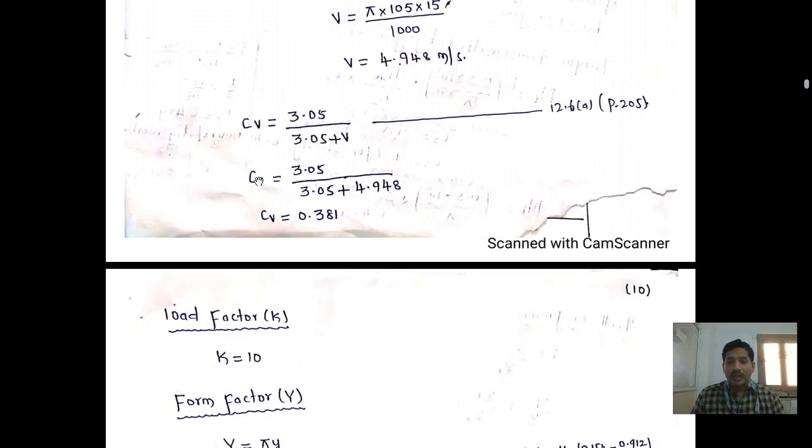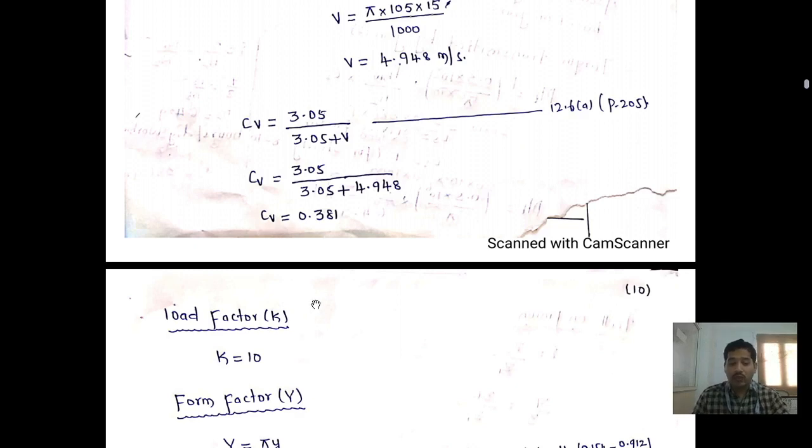After that, you need to substitute the value: Cv is equal to 3.05 by 3.05 plus v, where we already found v as 4.948. If you divide, then you will get the value of Cv as 0.381. So after getting the value, the velocity factor we got here is 0.381.